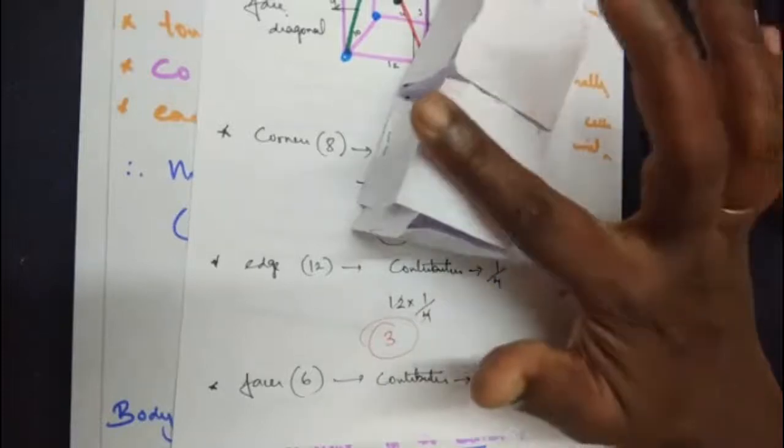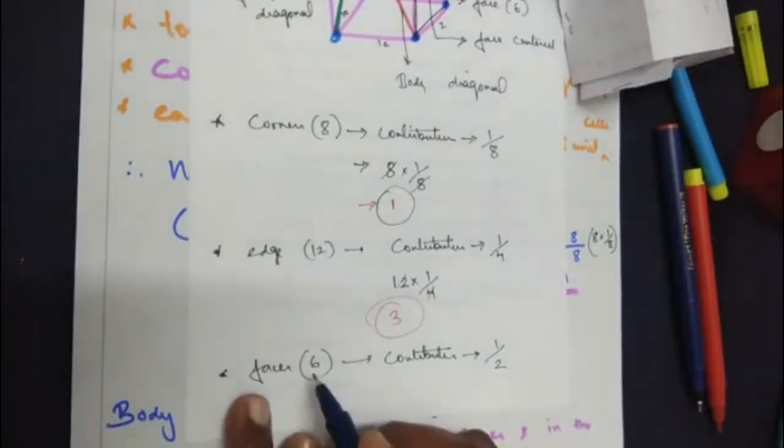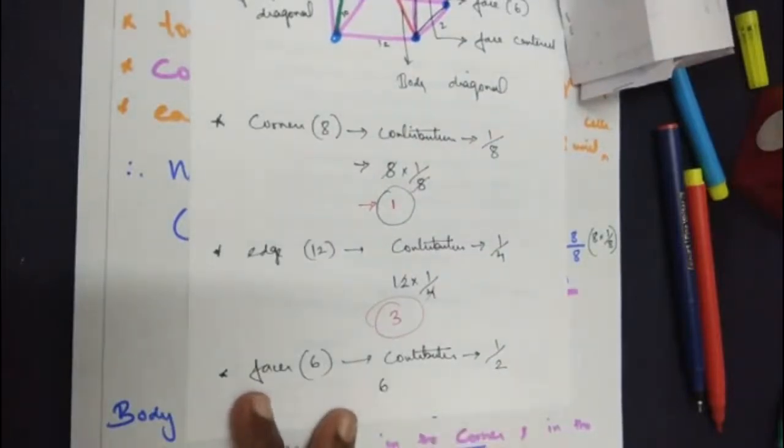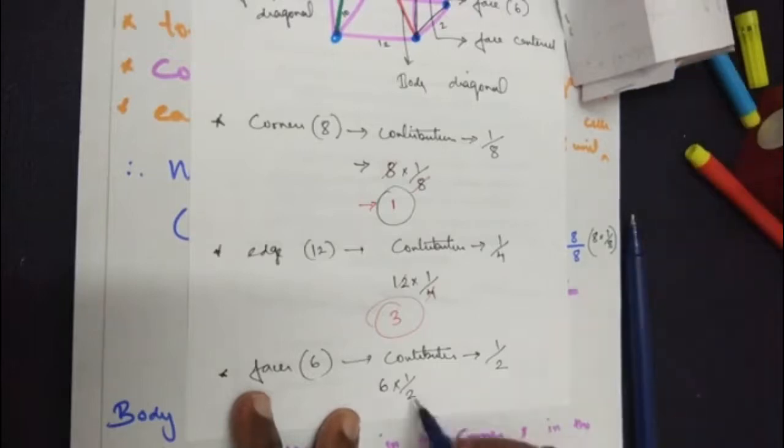So what's the meaning of contribution? Half to this unit and half to the other unit. So the contribution is only 1 by 2. Now how many faces are there? 6 faces, but only half of each is contributed to one unit cell. So the total comes up to 3 here.